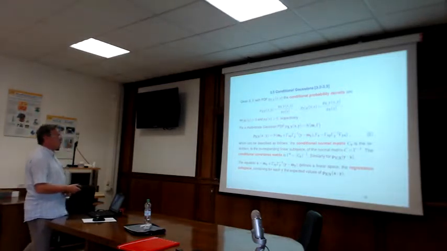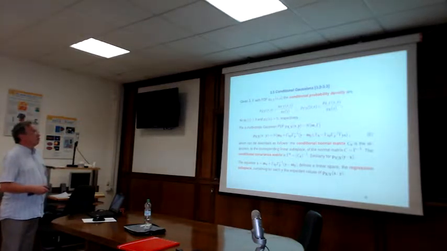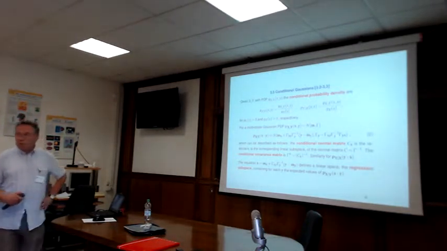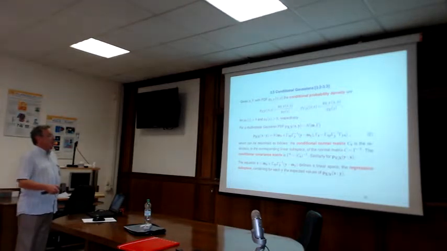Conditional Gaussians. Okay, the conditional probability density is the probability of x given information y. It is given by this Bayes-like formula. For Gaussians, the conditional probability of x given y is given by a complicated formula in terms of the covariance matrix.